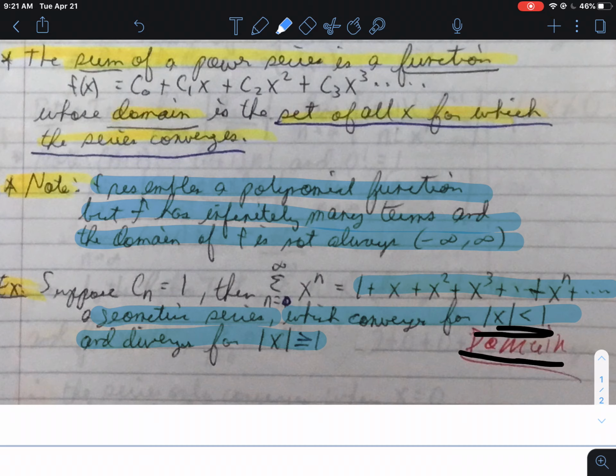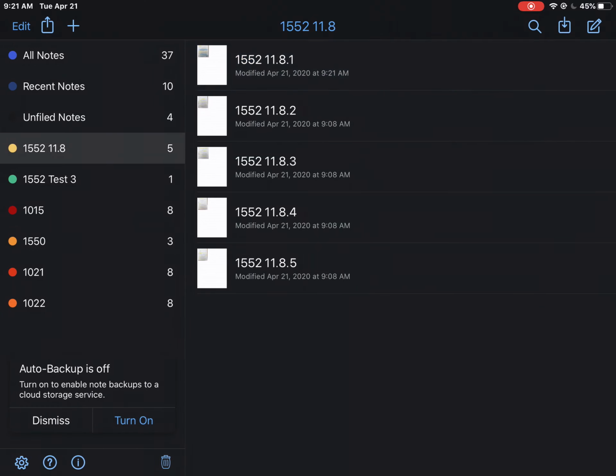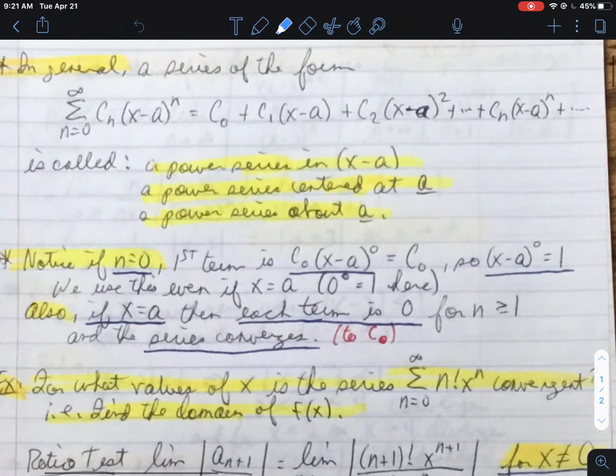For what values of x does the series converge? That then becomes the domain of the function defined by that power series. So that's the basic gist of it. What's left for us to determine, as usual, is for what values of x the series converges or diverges.